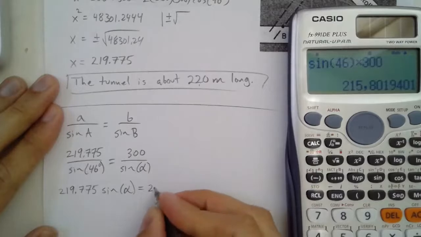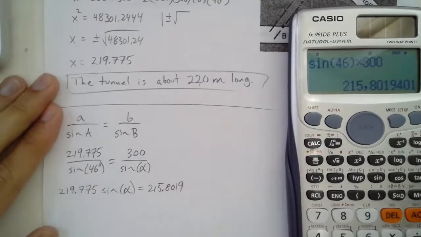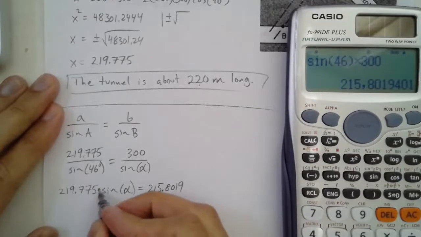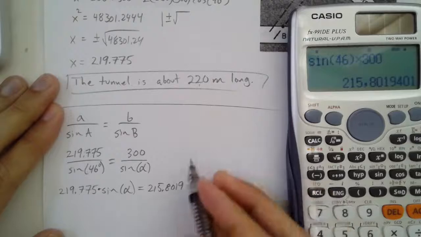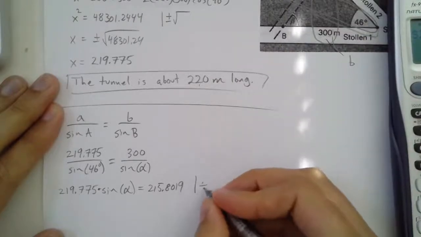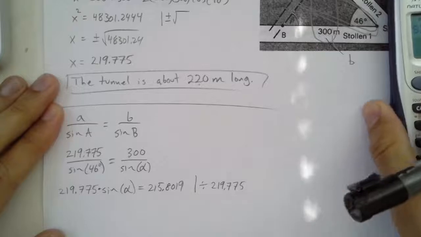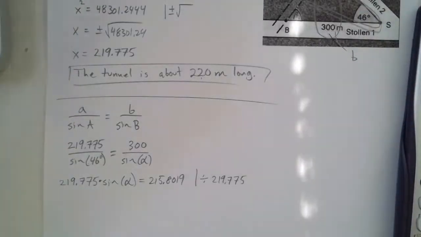And then obviously I have to divide this number on both sides. Since it's multiplying by sine, I want this thing to be alone. So I'm going to divide both sides by 219.775. Now that I don't really need the diagram, maybe I'll zoom back in so you could see a little better. Now, type in the calculator, so I have that perfect, the whole thing right now.